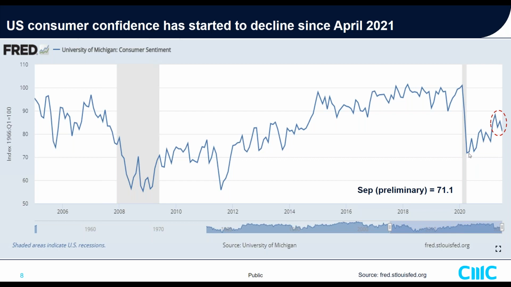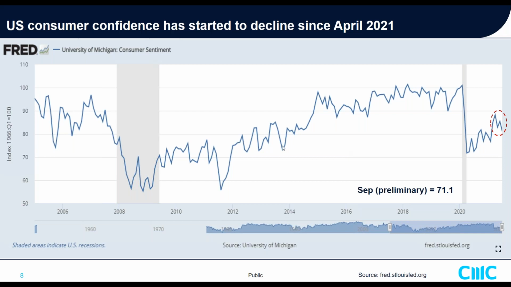What it's telling us is that US consumer confidence is not as rosy as before, which could imply lower consumer spending in the next three months, which translates to potentially lesser profits for corporations. Because if consumers don't spend, at the end of the day, where will the corporations get their revenue?